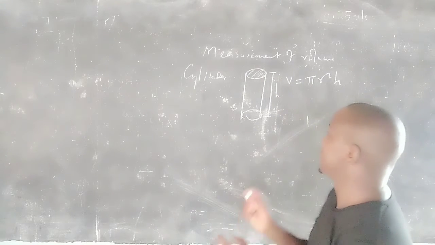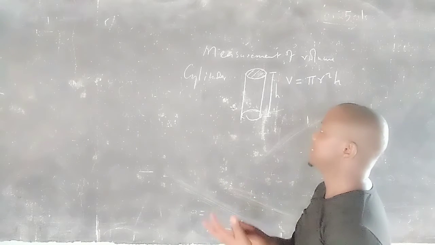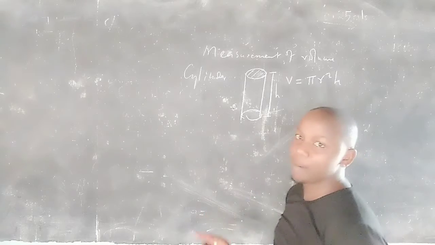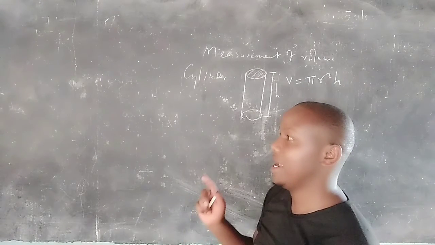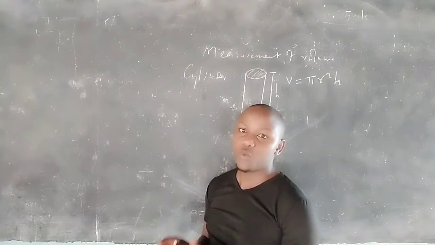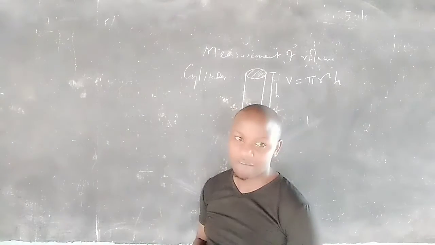Therefore, if a solid is regular, for example a cylinder, cuboid, cube, or pyramid, they have specific formulas which can be used to determine their volume.